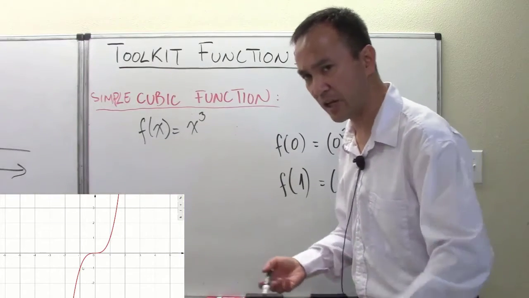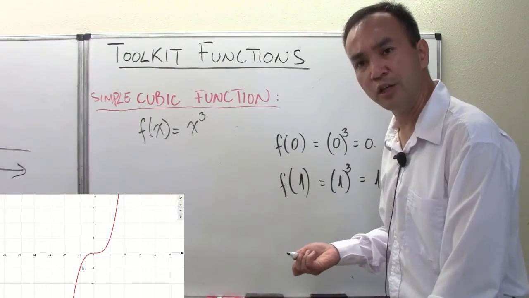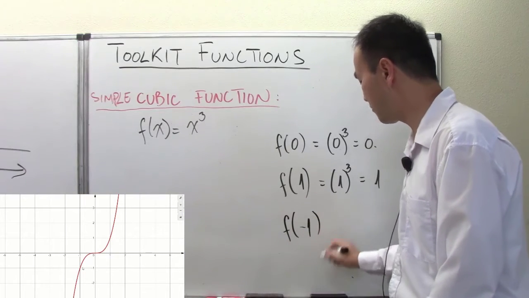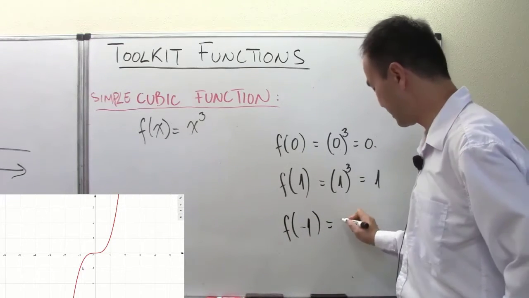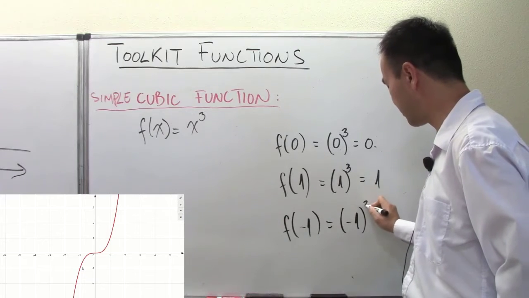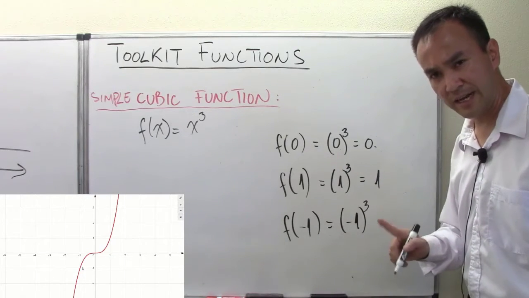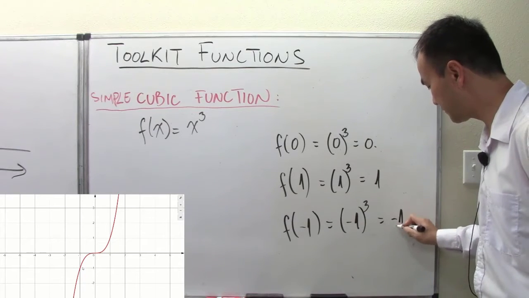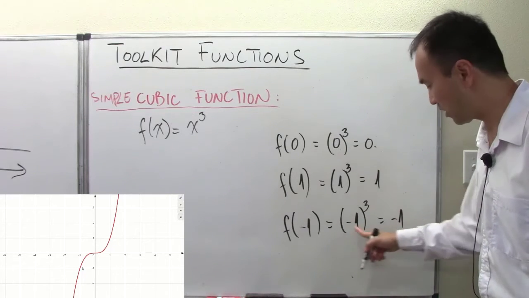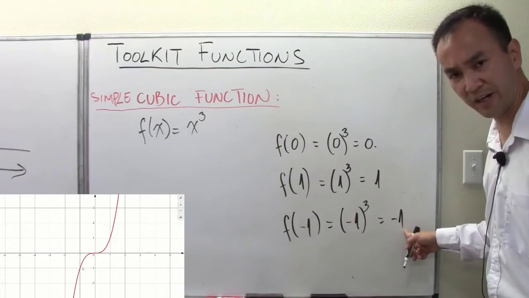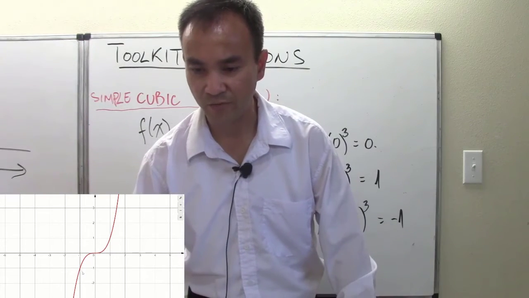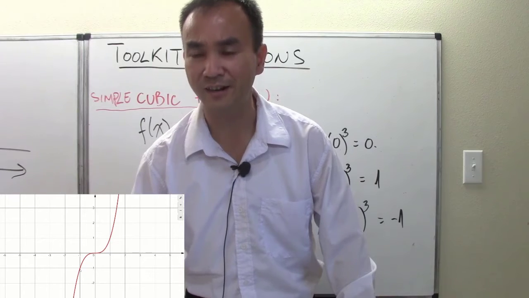Let's see if the calculation agrees with that. f of -1 equals, now the rule says -1 raised to the third power, -1 times -1 times -1. The final answer is -1. And that's why the point (-1, -1) agrees consistently with this graph right here, where we have that point right there on the graph.